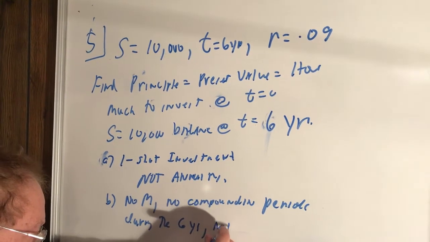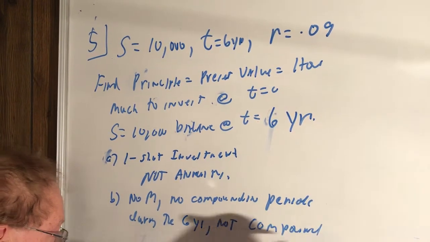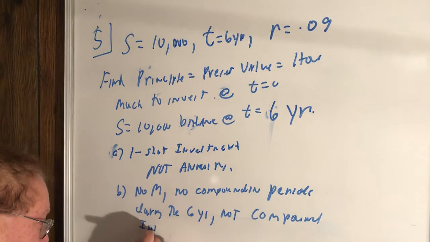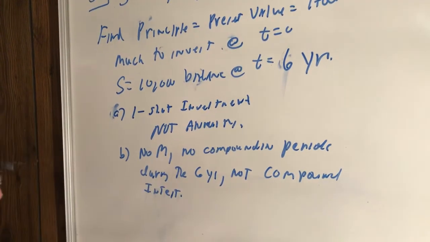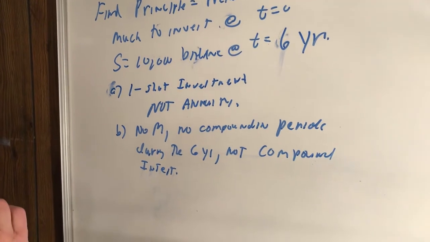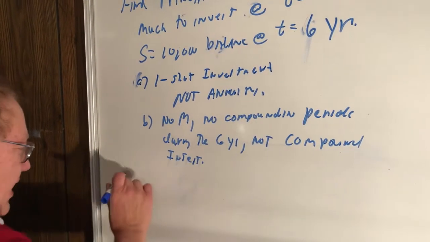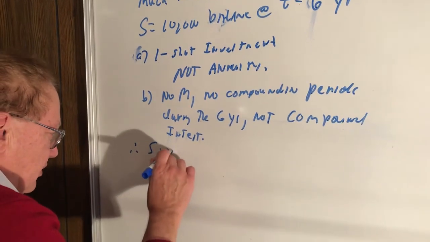Therefore, it's not compound interest. What does that leave us? No annuity. That takes care of sections 6.3 to 6.5. No compound interest. That takes care of section 6.2. Therefore, it is simple interest.